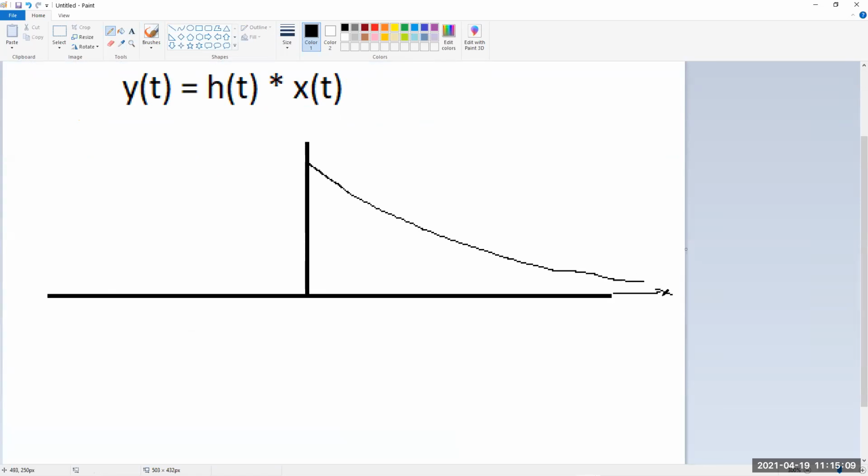It's got like this. Tau, and it's h(tau) equals e to the power minus tau u(tau). Okay. What will I do next?